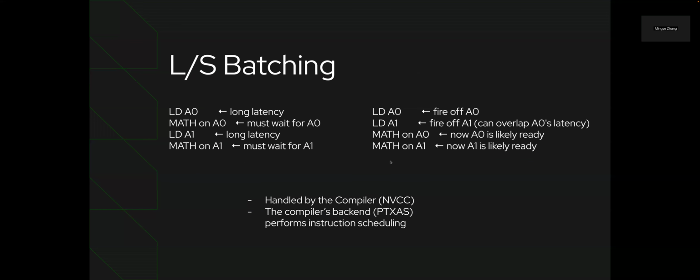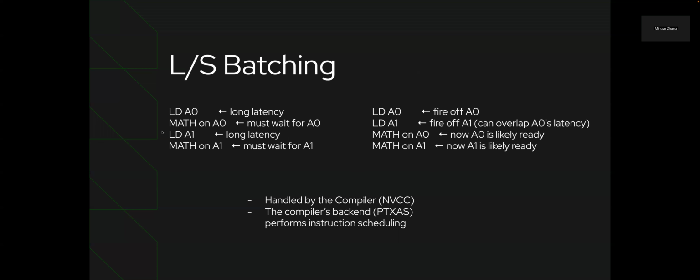How to leverage this idea: as we know, the memory bandwidth of a GPU is typically limited compared to its compute, as transistors are spent on compute units. This means that load instructions normally have high latency. On the left, if we are trying to execute these four instructions, this math instruction has to wait on the load instruction first, and then this math instruction has to wait again on this load.